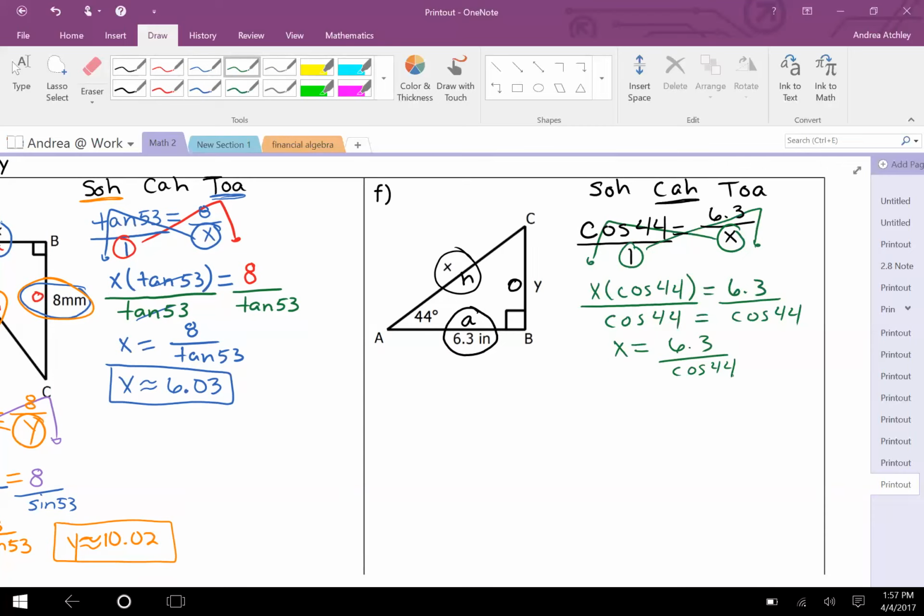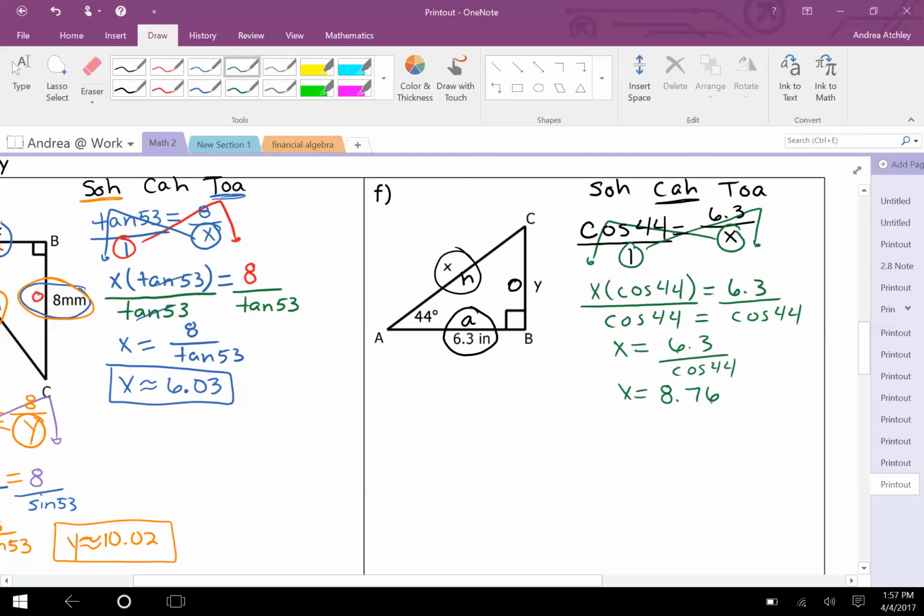Enter 6.3 divided by, find cosine of 44. And I have x equals 8.76.